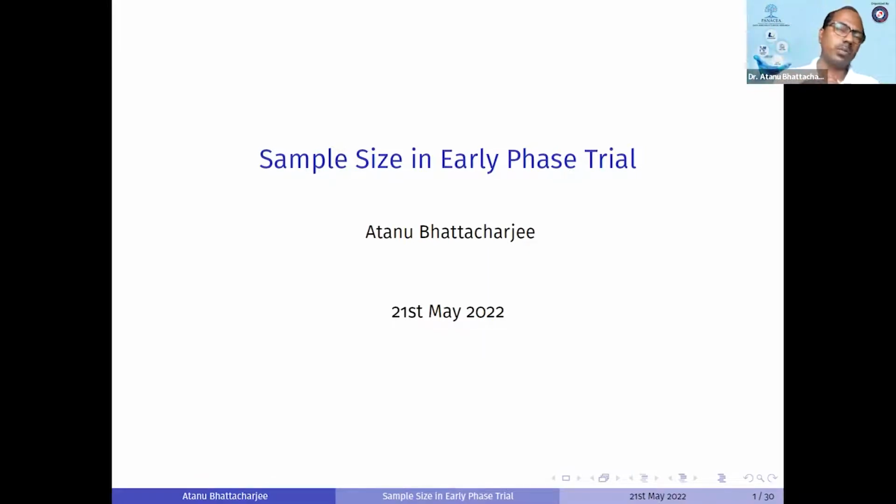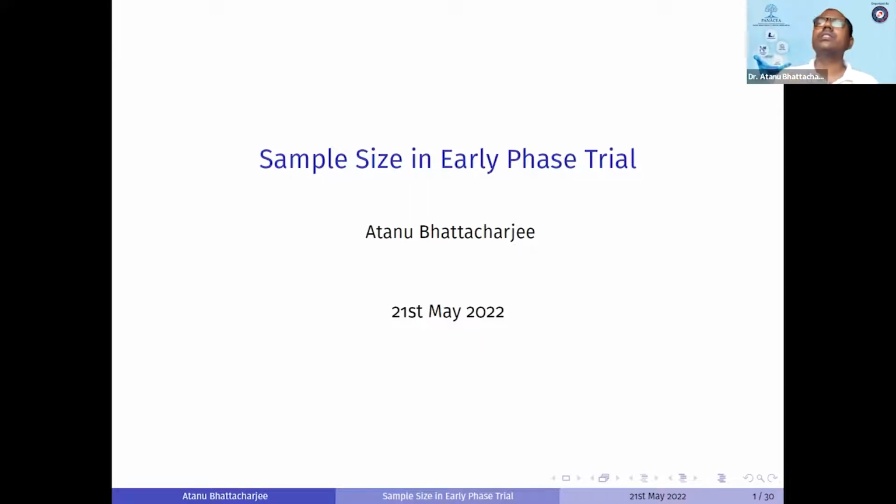If you reduce your type 1 error, obviously your sample size is going to go up. If you increase your type 1 error, sample size goes down. If you increase your type 2 error, sample size goes down. If you reduce your type 2 error, sample size goes up. If you reduce your difference, sample size goes up. If you increase your difference, sample size goes down. So that is the fundamental principle.